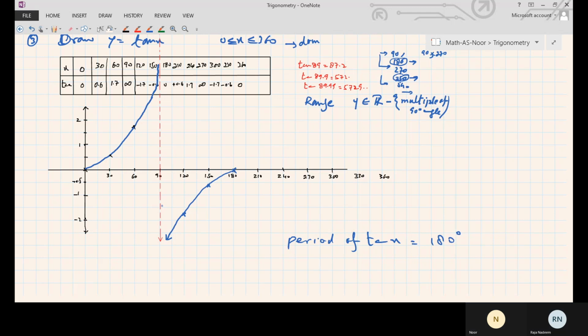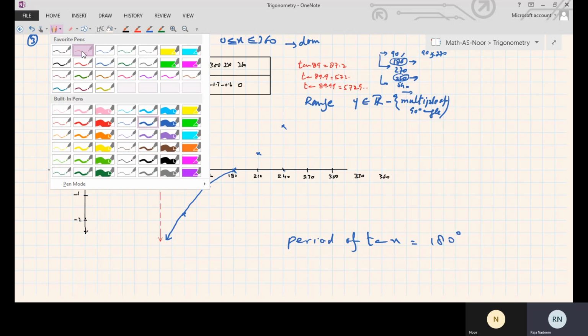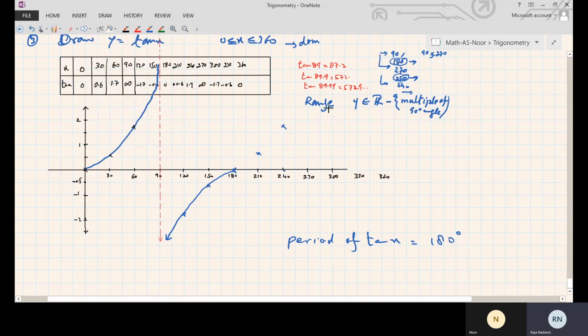Now we complete the table. After 180, 210 will give you answer 0..., 270 will give you answer 1.., and again at 270 we get a line.